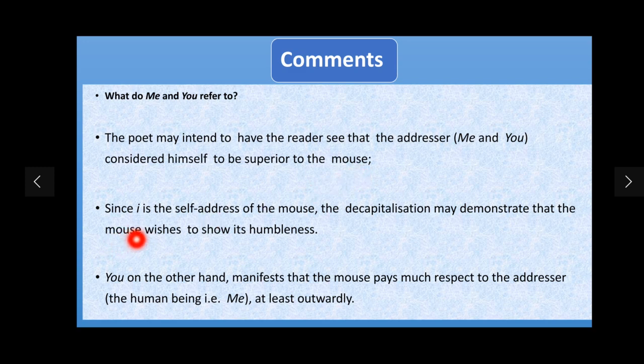Since I is the self-address of the mouse, the decapitalization may demonstrate that the mouse wishes to show its humbleness. So I, the pronoun I, refers to the mouse, and it is decapitalized because the mouse wishes to show its humbleness.